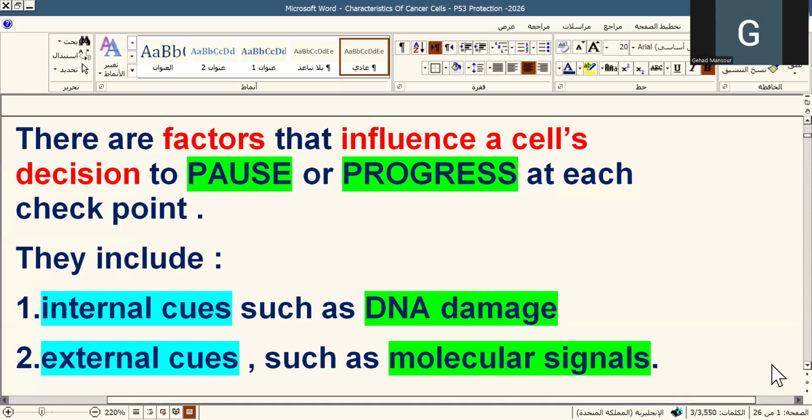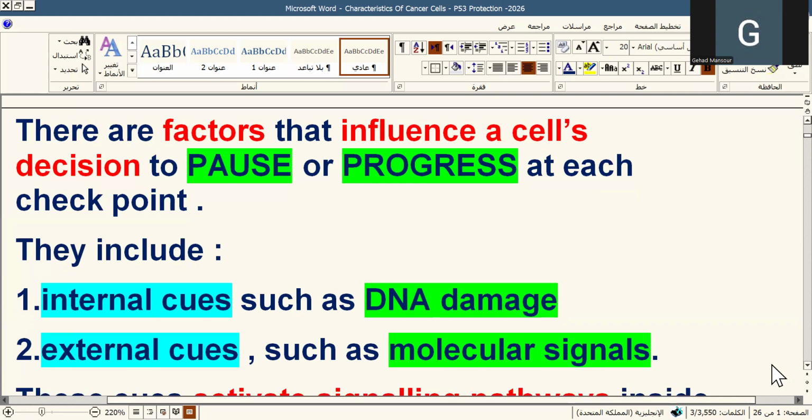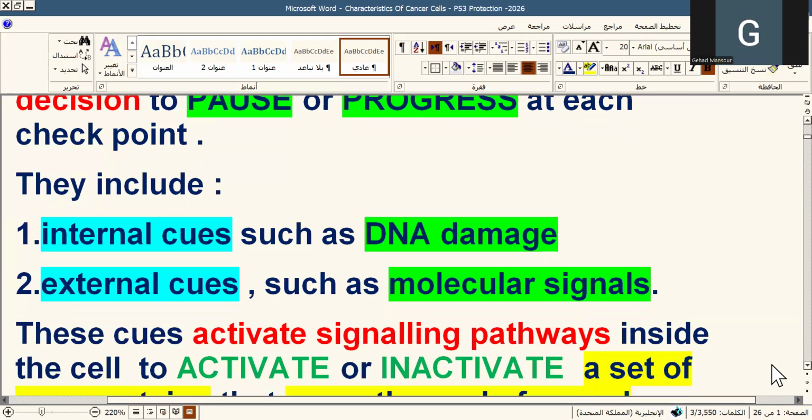So what are the factors that affect the decision of these regulatory proteins, and therefore the decision of the whole cell to pause and go into the G0 phase or progress and continue in the cell cycle?